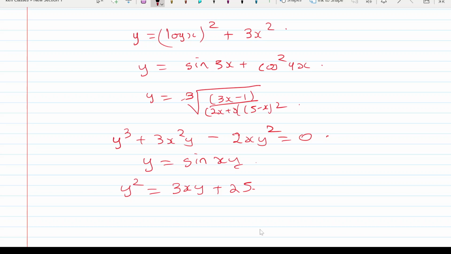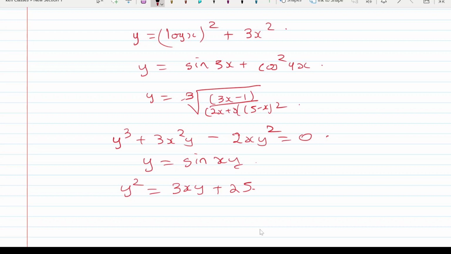This is called implicit, where we don't know its direct value, just like you have an explicit telecast: this channel shows explicitly and some other channel doesn't show. Implicit means a mixed part. It's like y is equal to sin xy. But what is y? y is sin xy. Agreed, y is sin xy. But what is y?